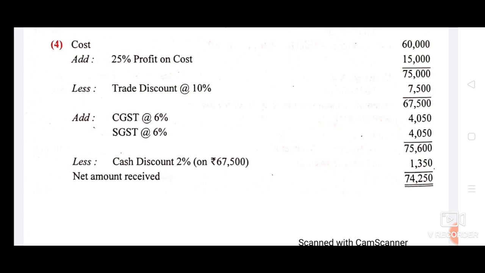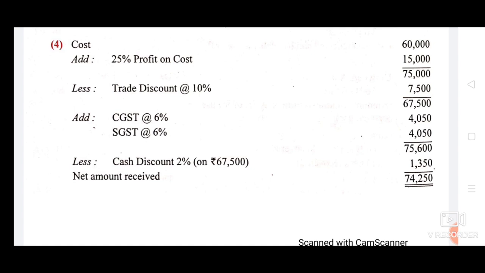Now they told us that cash discount is allowed at 2% on selling price. We have allowed 2% cash discount to him. As I told you in the previous transaction, cash discount will be calculated on the original selling price, that is before adding SGST and CGST. So before adding GST the amount is 67,500. So discount will be given at 2% on 67,500.